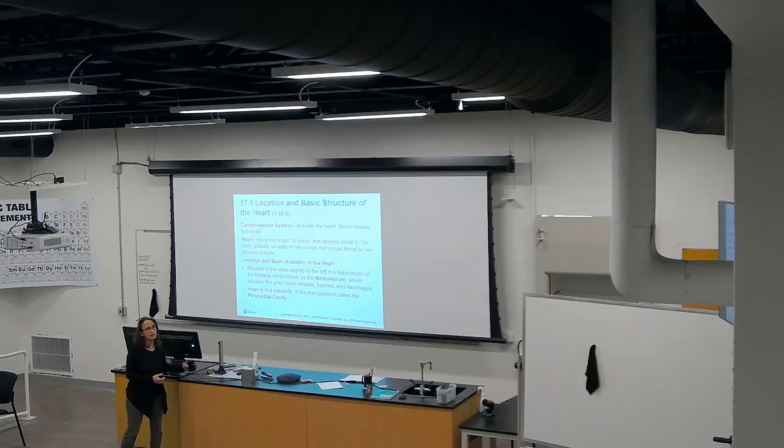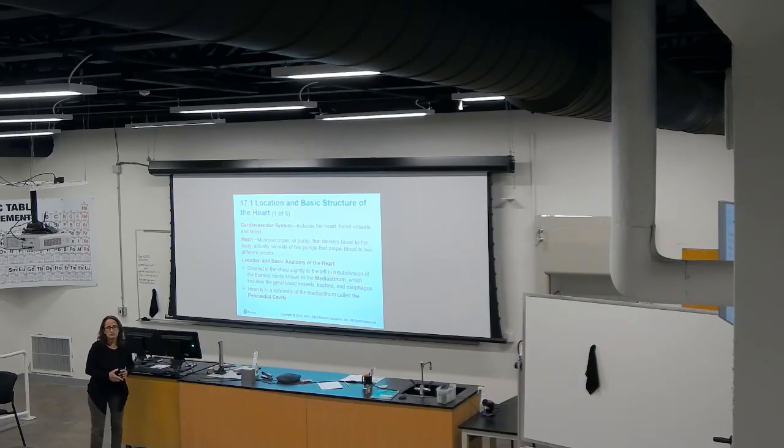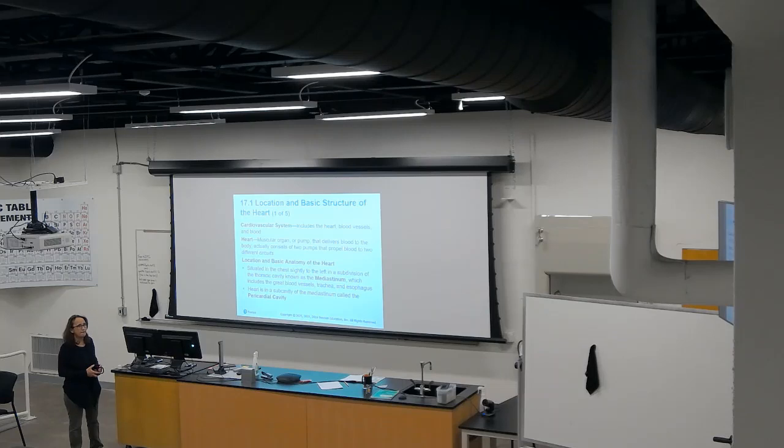And it's a muscular organ, and it propels the blood into the body. We will see the characteristics of the 2 circuits into which the blood is pumped. And then the location and basic anatomy of the heart. The heart is located in the thoracic cavity, in between the lungs, in the space that we call the mediastinum, the upper mediastinum.